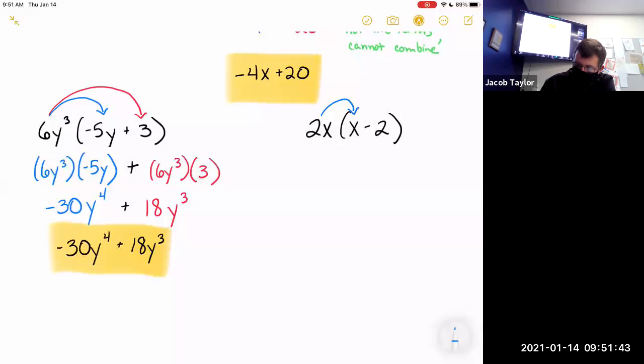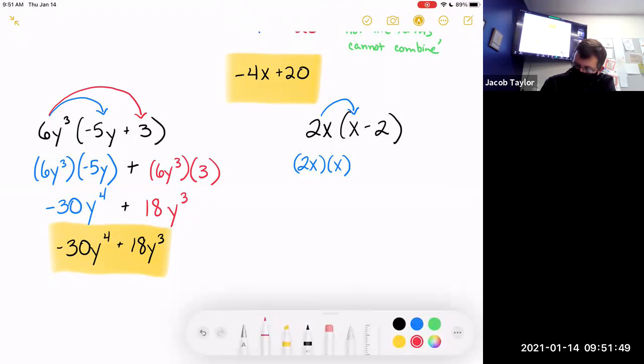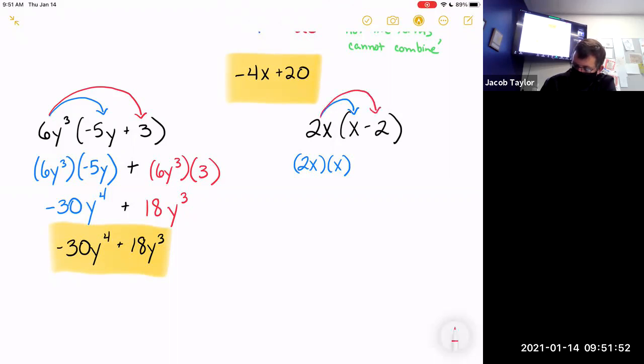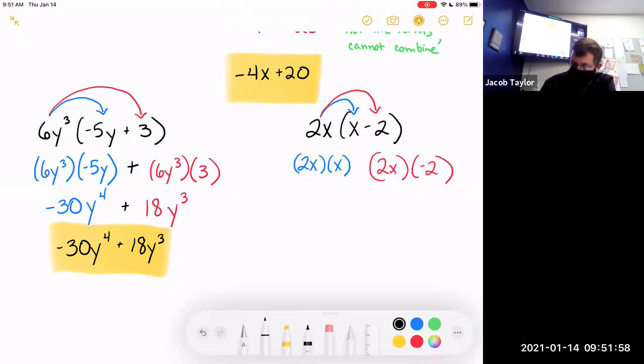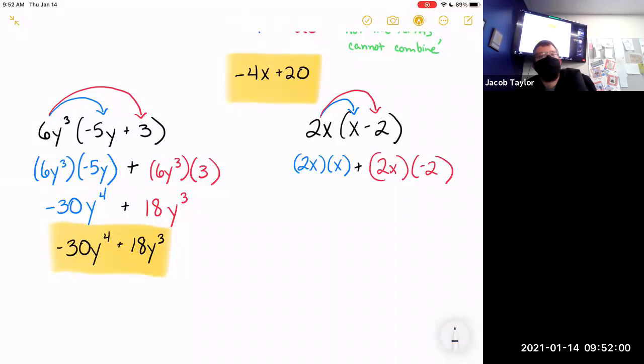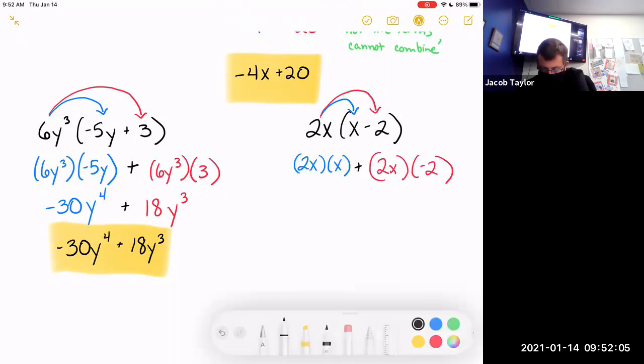Well, the first thing we'll do is 2x times x. And then we'll do 2x times -2. And we'll add them together. What is 2x multiplied by x?